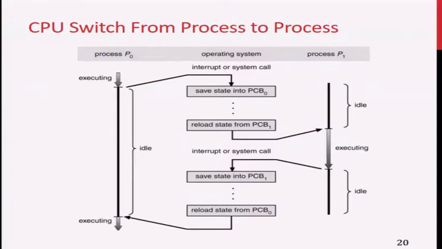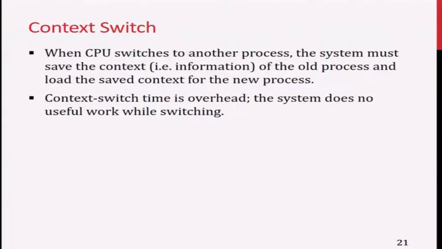Now that I know my task can switch from ready to running to blocked and so on, it means that at any point in time, my CPU must be able to handle this switching. If I'm running one process and suddenly another higher priority task wants to take over, I must be able to handle this switching. That switching is what we call the context switch.